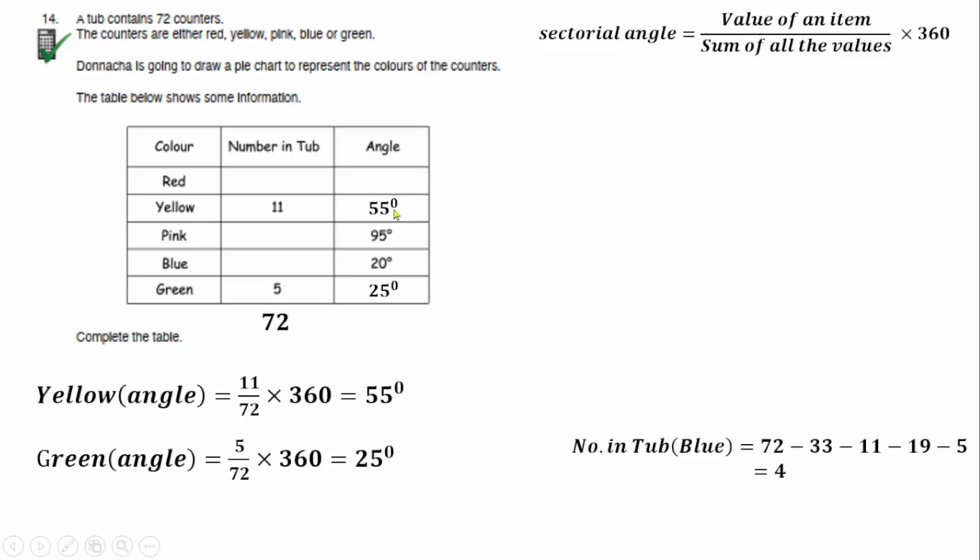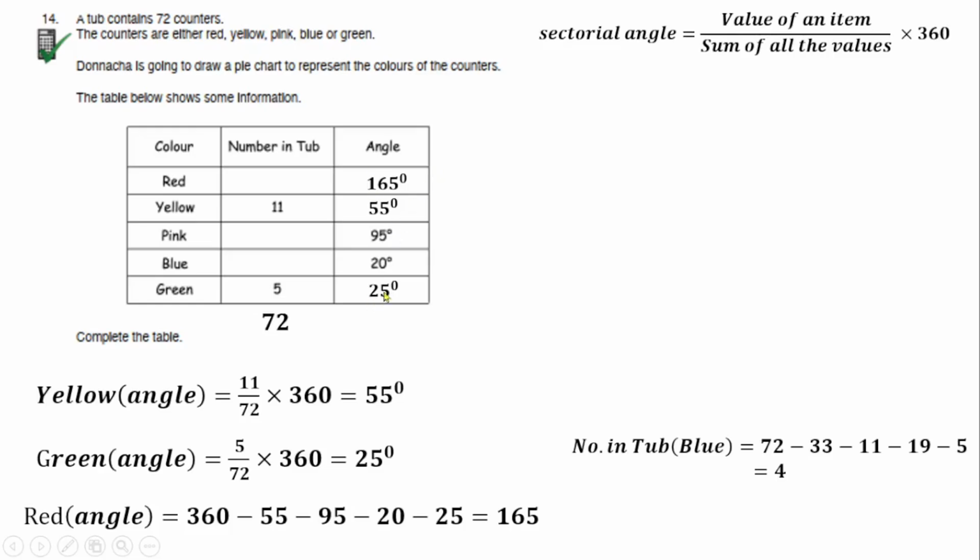You can add all these angles together and then remove it from 360 degrees. So the angle for red will be 360 minus 55 minus 95 minus 20 minus 25. That gives us 165 degrees. So the sectorial angle for red is 165 degrees.